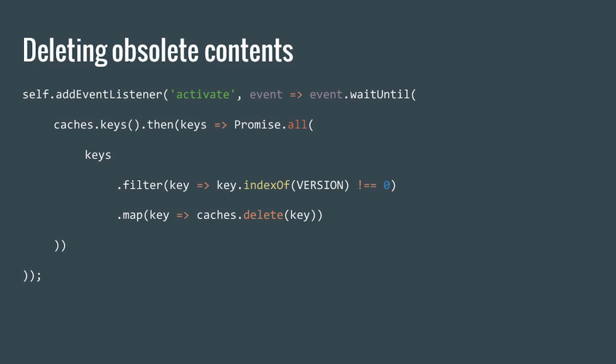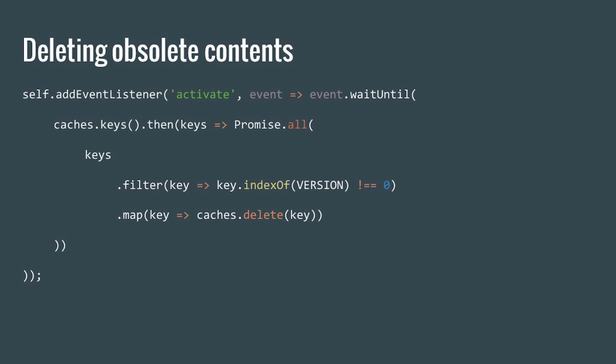Next, it will be activated, and there again we have an event to attach a callback to. And here we have again our event waitUntil method. When the service worker is activated, we can clean the caches by getting all the keys from it and comparing them to our current version.